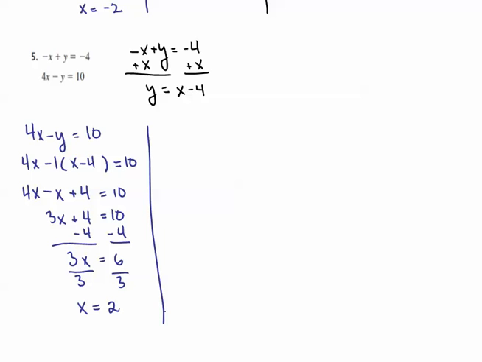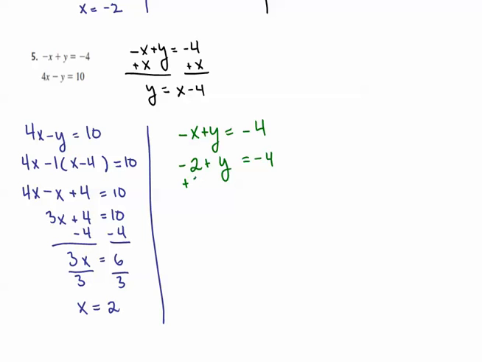The next thing that I'm going to do, I've used the first equation, the second equation. I can use either one now, whichever I choose, the easiest one. I'll just use the first: negative x plus y equals negative 4. In place of x, I'm going to put 2, so negative 2 plus y equals negative 4.